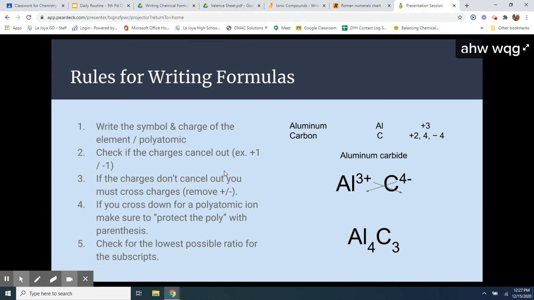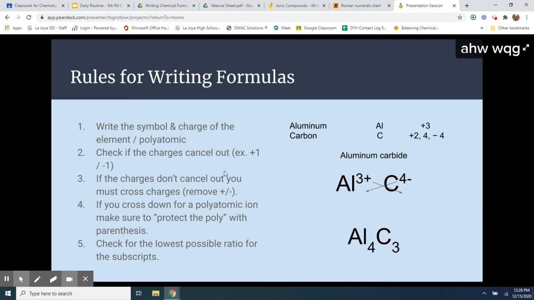If the charges don't cancel out, so if you have a +1, -2, a +3 and a -2, whatever it is, if they don't cancel out, you must cross down the charges and don't forget to remove the plus and the minus. The next step, if you cross down and there's a polyatomic ion, make sure to protect the poly by using parentheses.